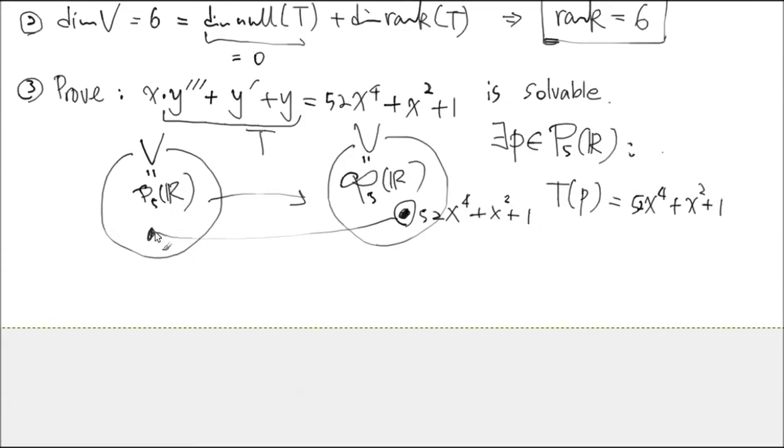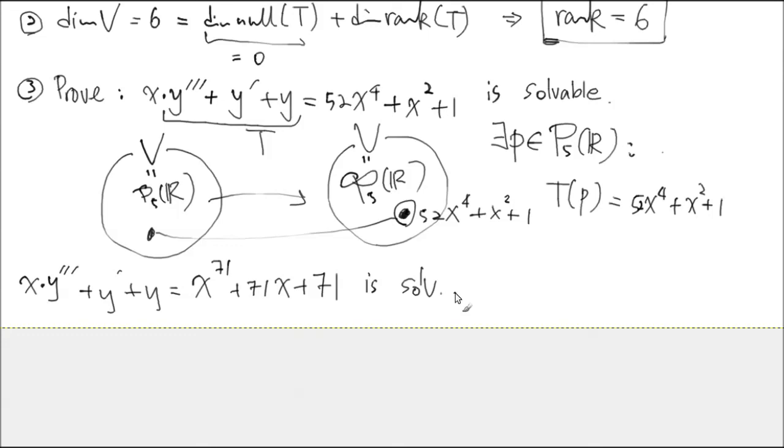It has nothing to do with the setup, and it asks you, all right, I am giving you this differential equation, and I want you to explain to me that x to the 71 plus 71 times x plus 71 is solvable. There's no V, nothing.